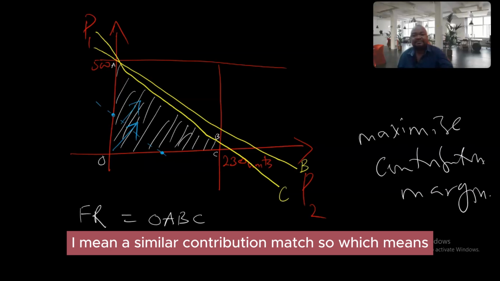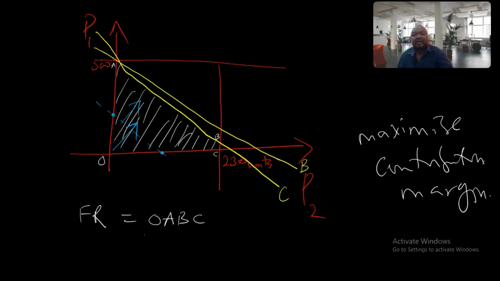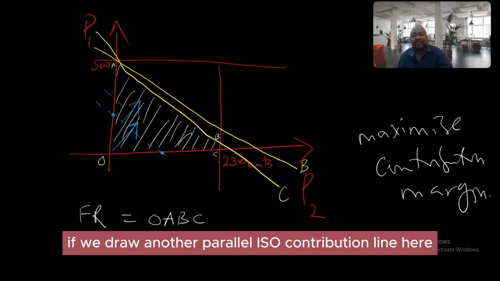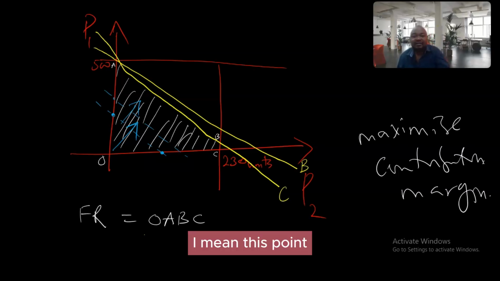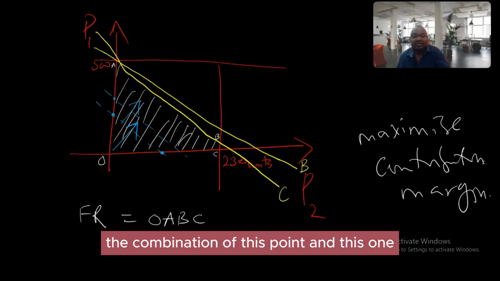So which means if we draw another parallel ISO contribution line here, we are still going to find a similar contribution using the combination of this point and this one.